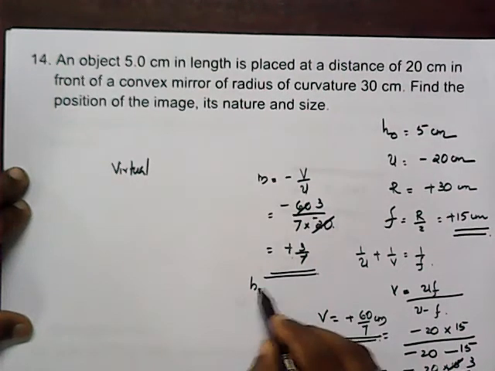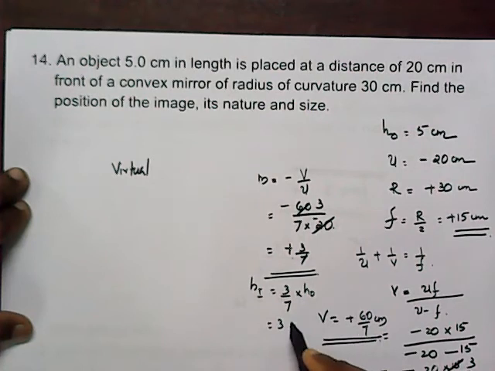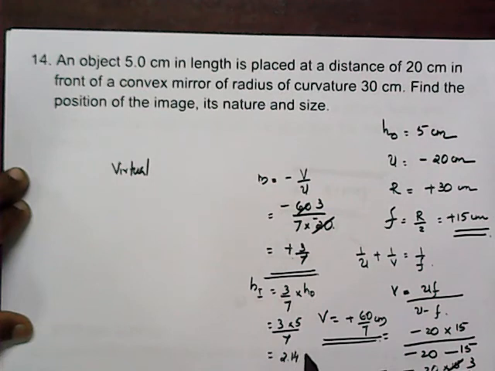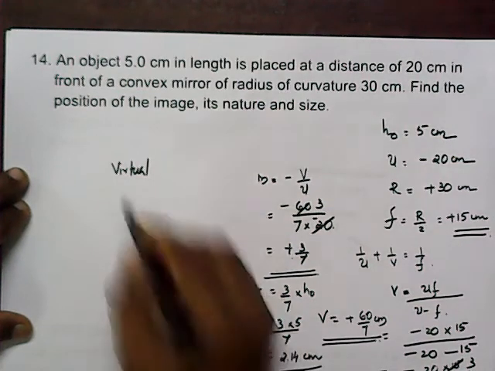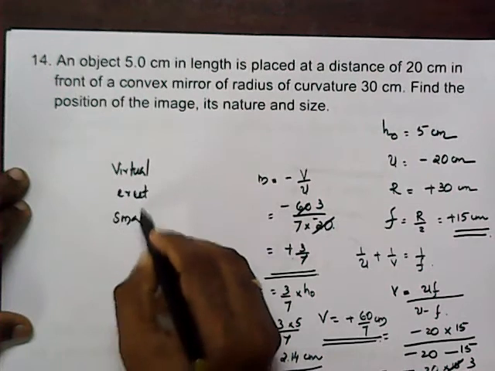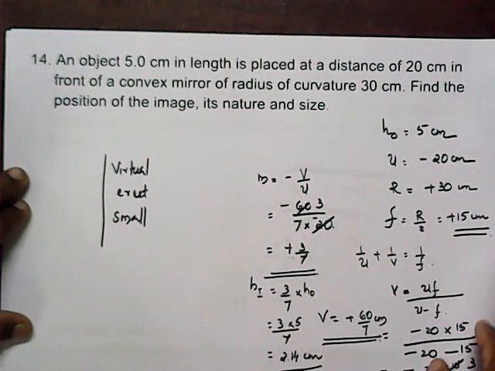And the height of the image is 3 by 7 times the height of the object. So 3 into 5 by 7, which is 15 by 7, that is 2.14 centimeter. So it is a virtual, erect, small image. And that is the speciality, the nature and size of the image.